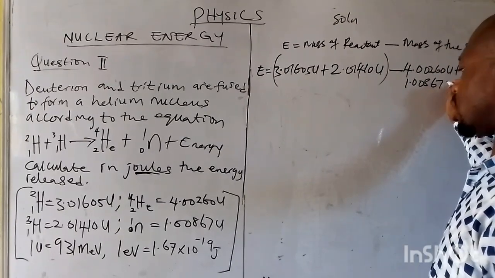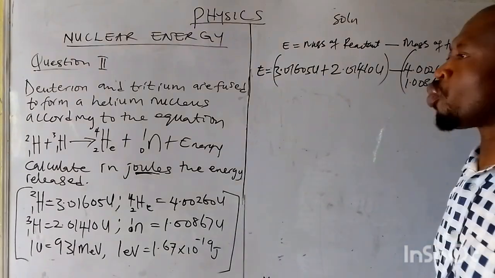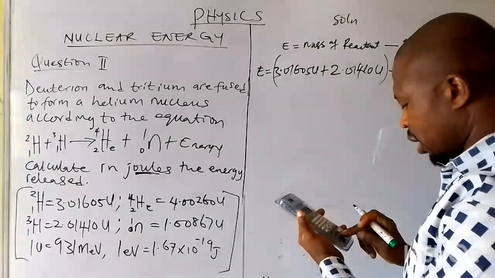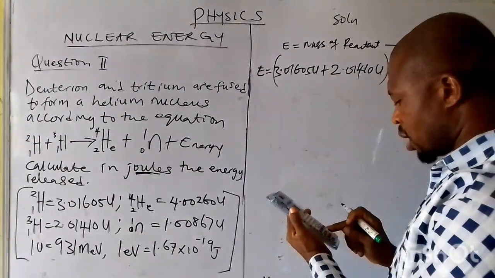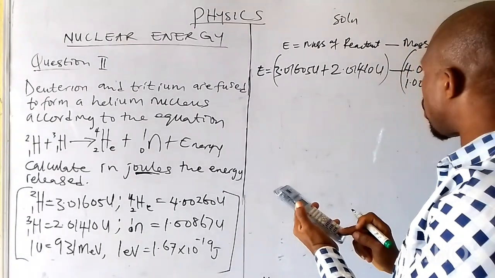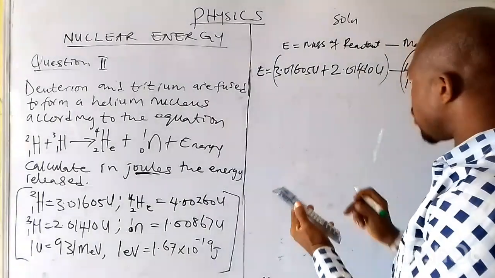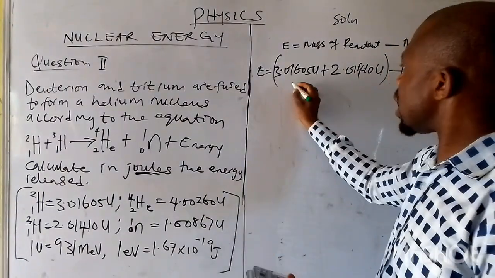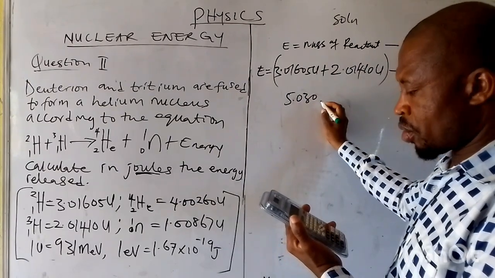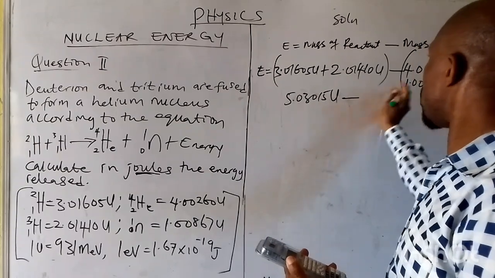Okay. If we add these two, it will now give us 1.00867 u. 3.01605 plus 2.01410 u. Everything here was 5.03015 u minus, I will add these two.